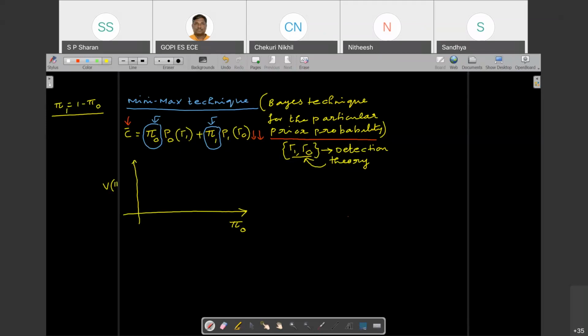So you have the cost function. If I fix some value of pi naught, then I can find out my gamma naught and gamma 1, and hence I can find out the C bar.